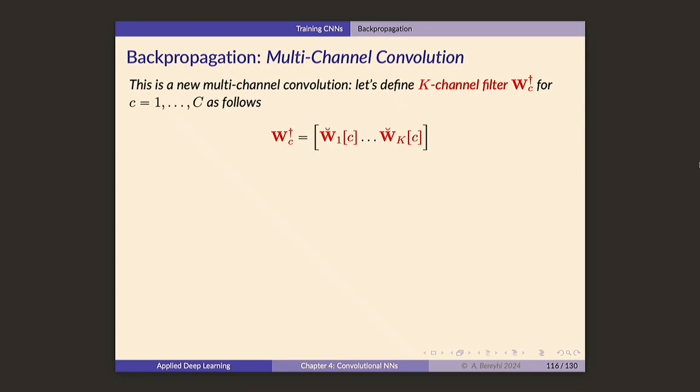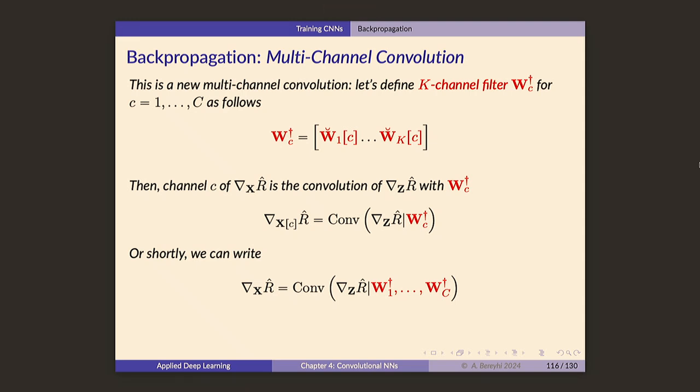This is again a filter tensor. And then what I showed you before, the gradient with respect to channel C of x, is simply the convolution of the output tensor with respect to this new filter. Okay? So you got the idea?